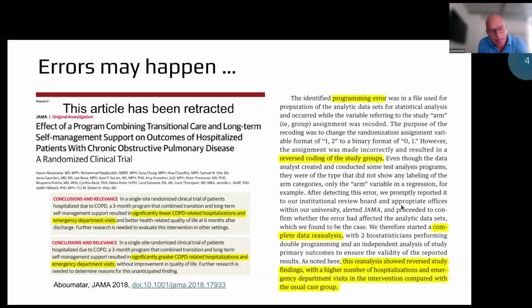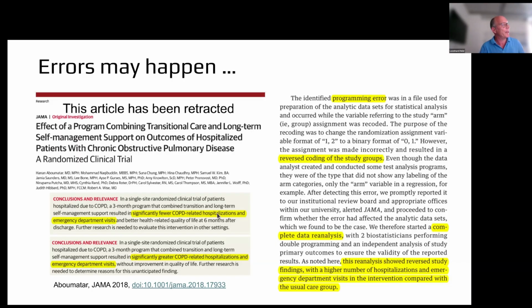One reason why you might want to share clinical trial data is that maybe there's an error in your analysis. And then maybe a reproduction would detect that error. And that actually happened in a quite interesting study a few years ago, which was published in JAMA 2018, where the interest was in the effect of a prevention program for COPD patients.